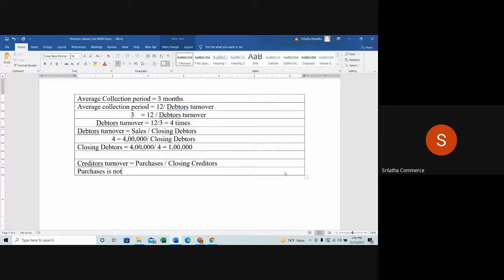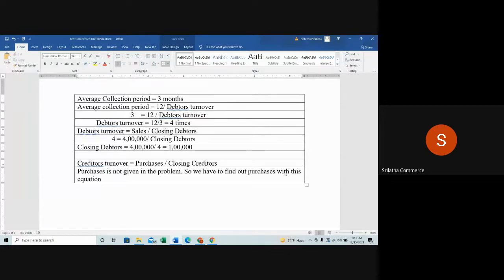So we have to find out purchases with this equation.